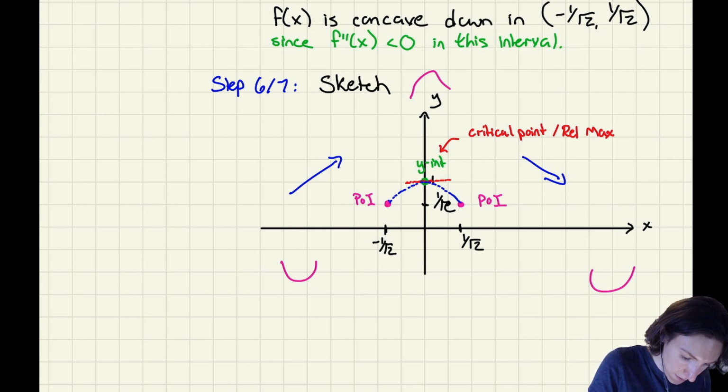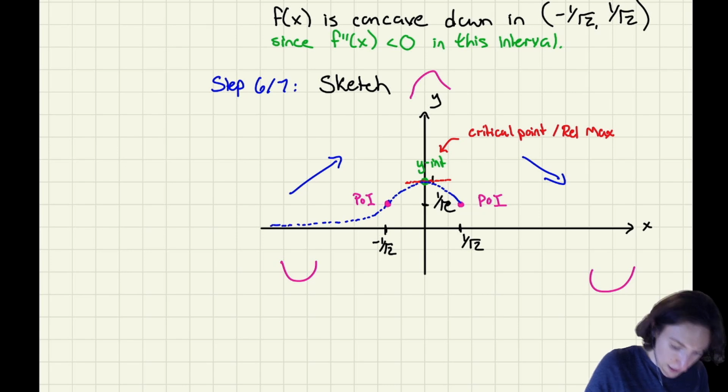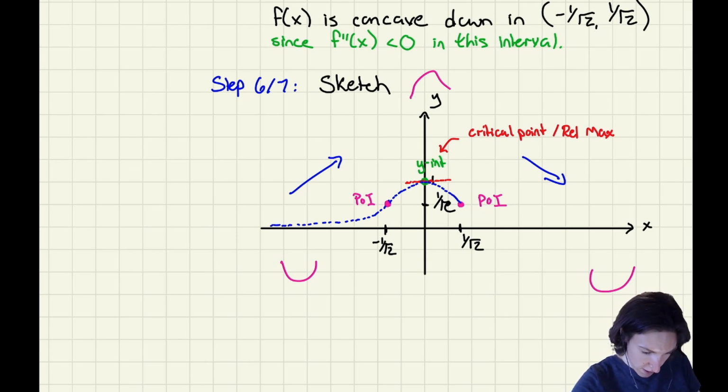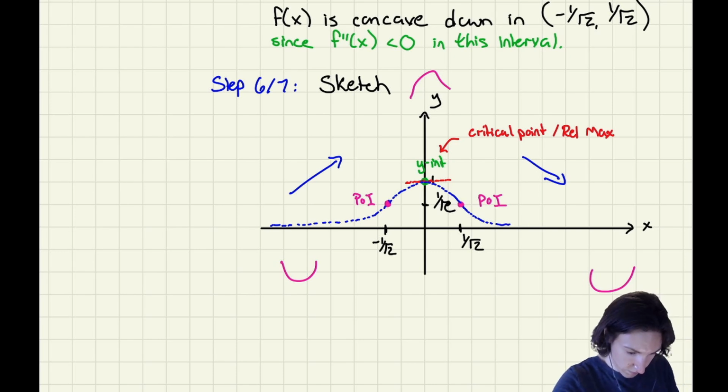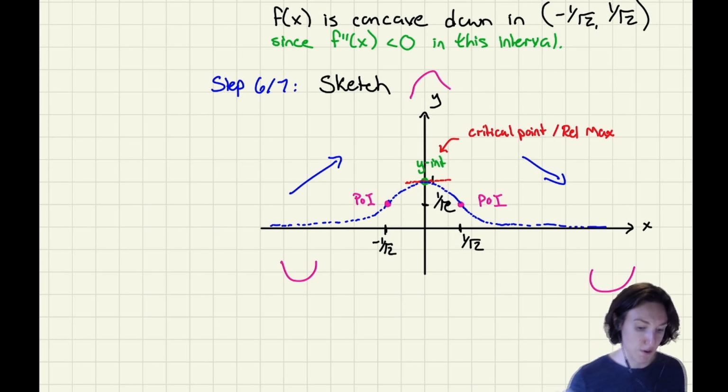I have to change concavity, so more sad face than happy. And then I'm approaching 0. And same thing here, and then I'm approaching 0.